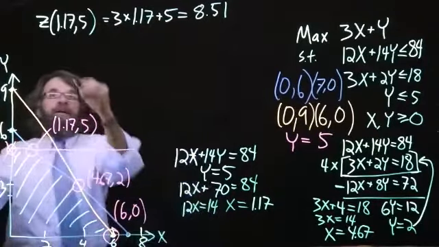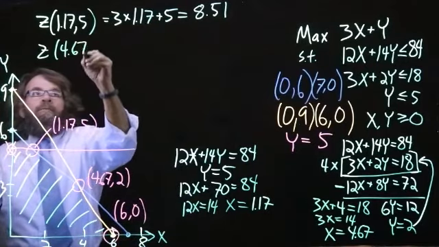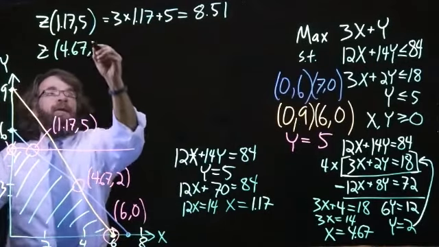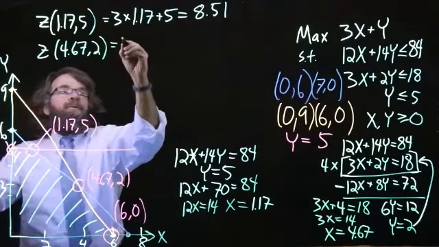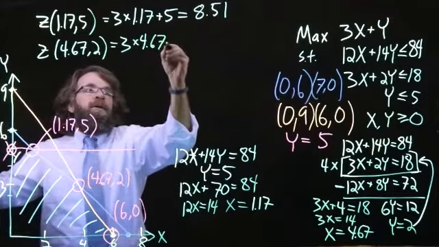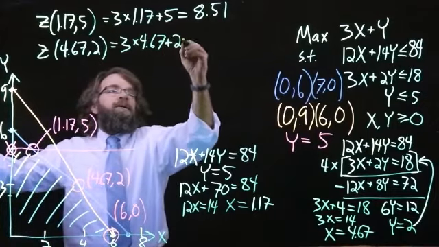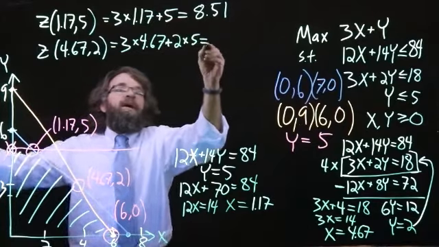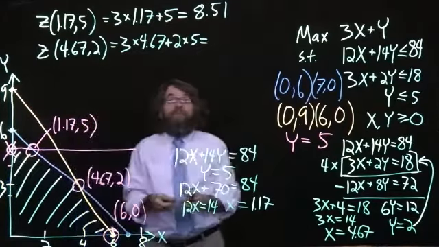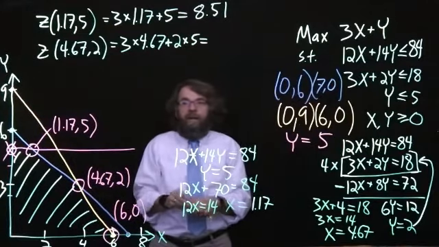Now, if we look at the second point, z evaluated at 4.67 and 2. So we have 3 times 4.67 plus 2. So 3 times 4.67 is 14.